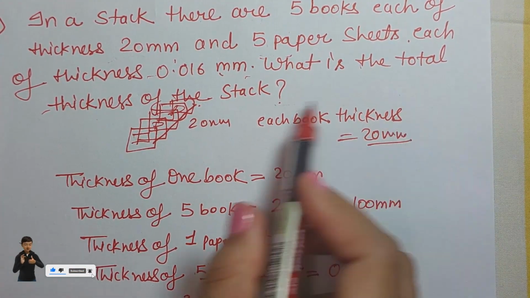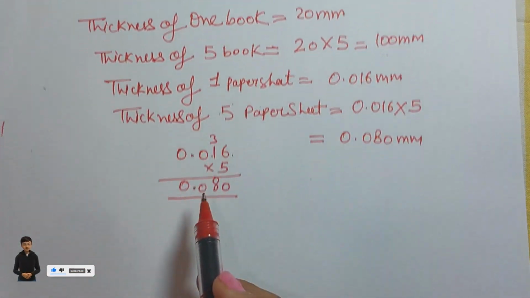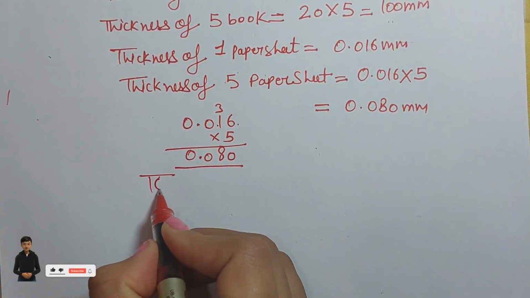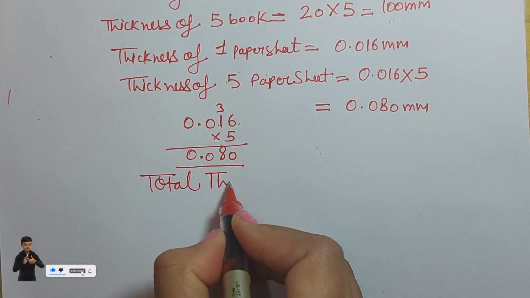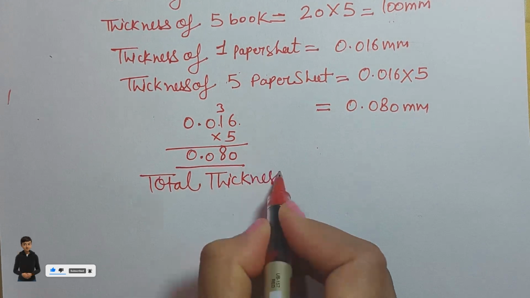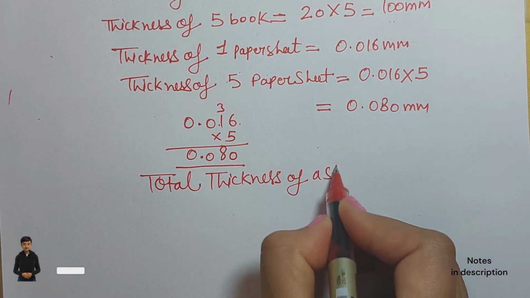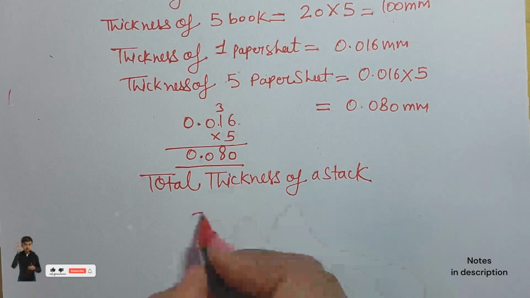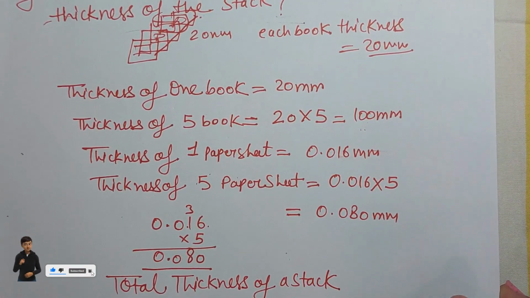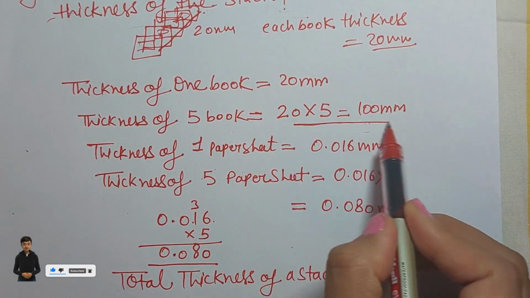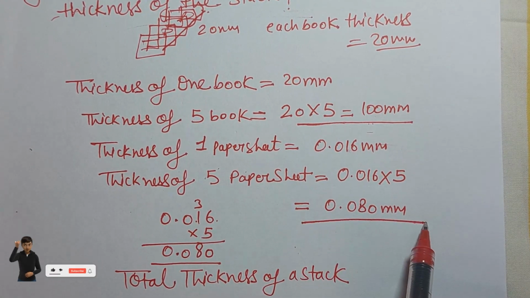Now the question is still pending because they are asking what is the total thickness of this stack. Now we will write here the total thickness of the stack. Total thickness means we will add the thickness of 5 books and the thickness of 5 sheets.